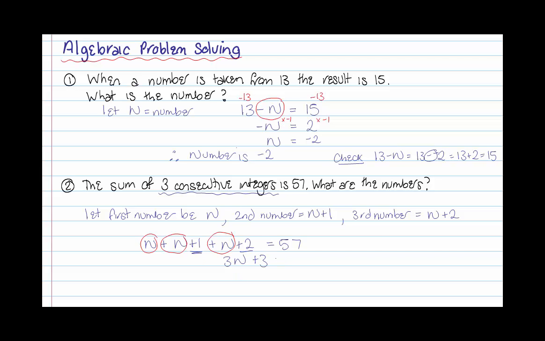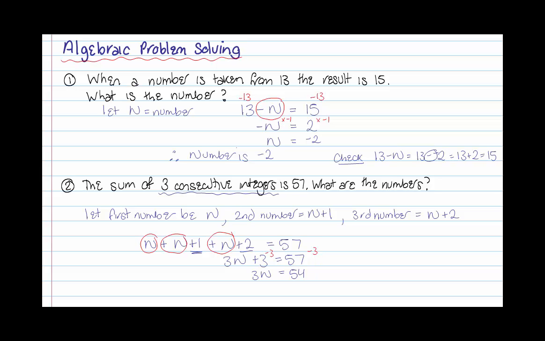So I have 3n plus 3 equals 57. Now I need to get that n on its own, so let's start by getting rid of the positive 3. So take 3 from both sides. The reason you start with the 3 is that 3n is a group, we can't break it up until the end. So 3n equals 57 take 3, which is 54.